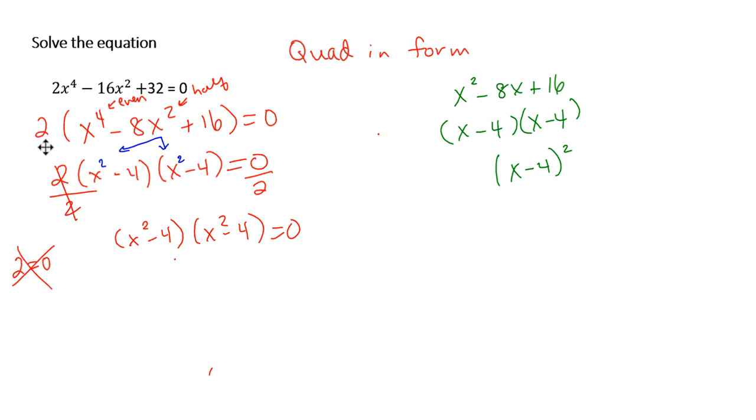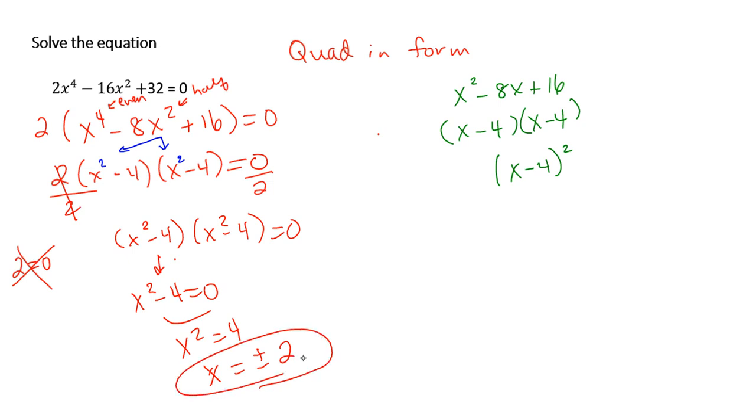So GCF without a variable has no effect on anything. Okay, now we're going to just finish solving. X squared minus 4 equals 0. Move that over. X squared equals 4. X equals plus or minus 2. So there's your solution right there.